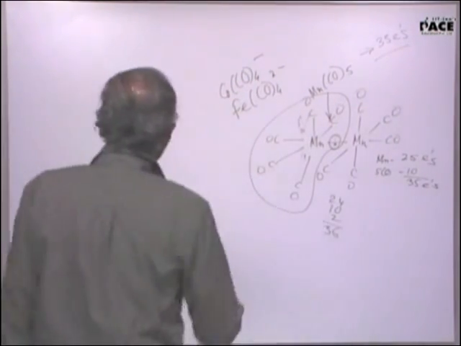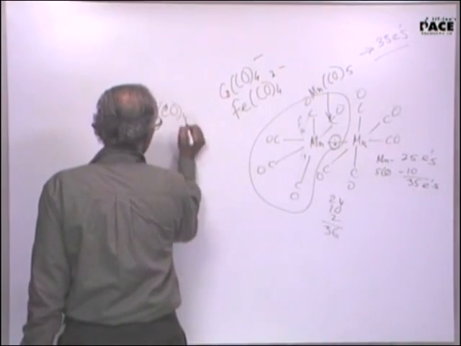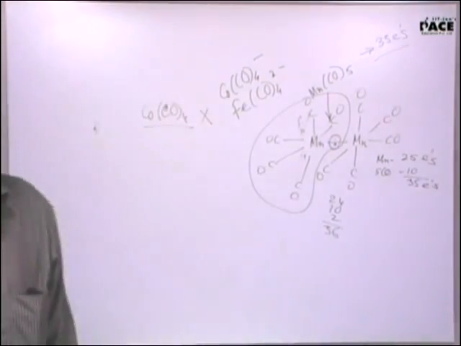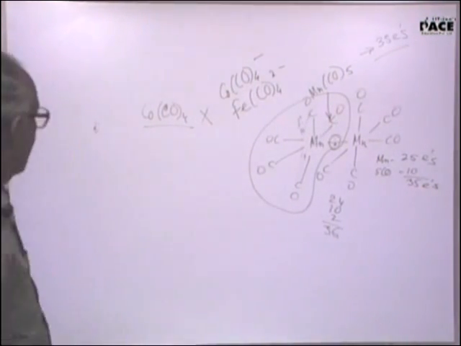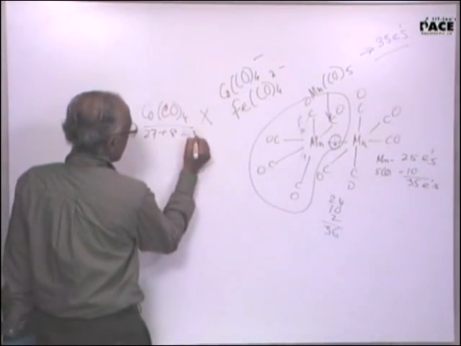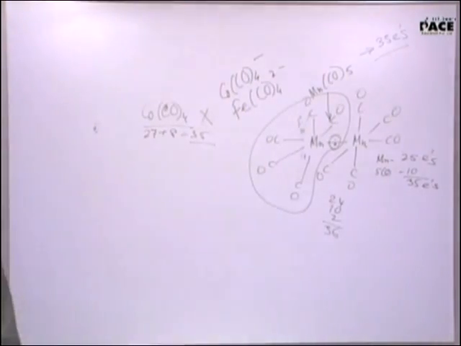Similarly, Co(CO)4 does not exist. You have done last time that Co is 27 plus 8 is 35, so it will not exist.